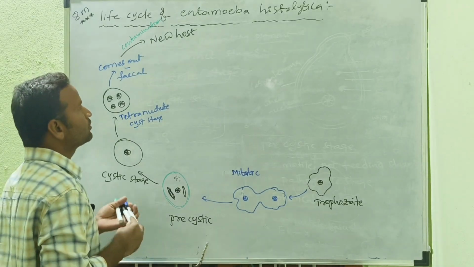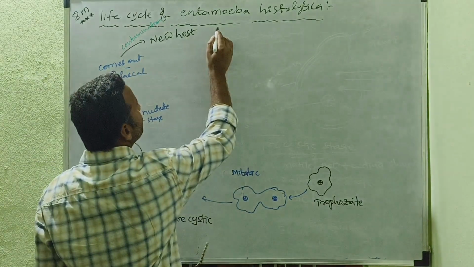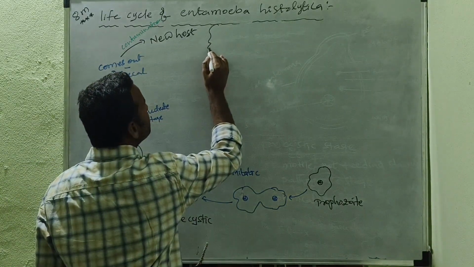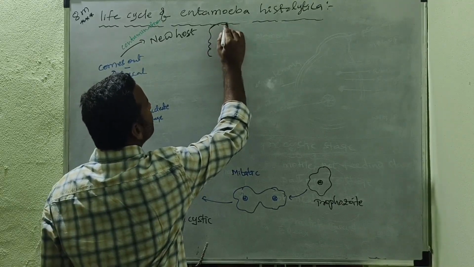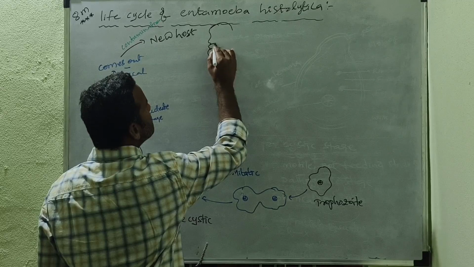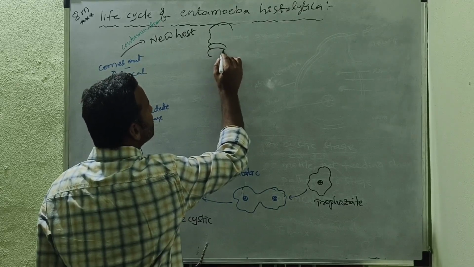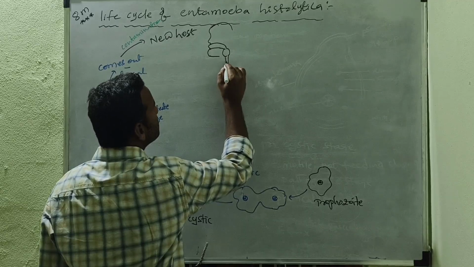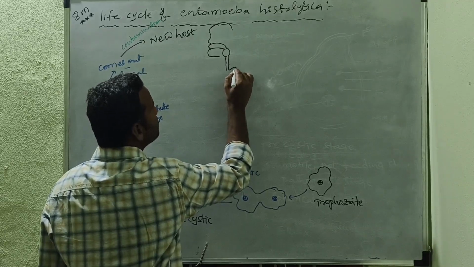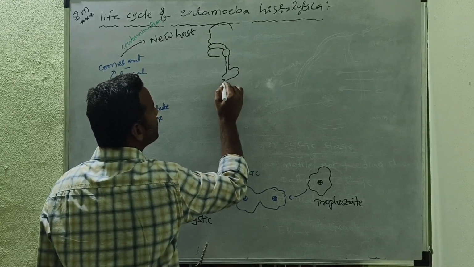In the new host, for example, this is actually the structure of the new host. This is the buccal cavity. This is the pharynx. Then this is the esophagus. This is the stomach.